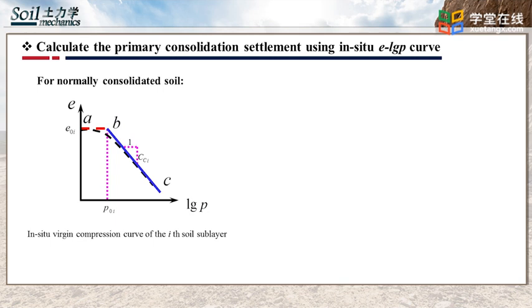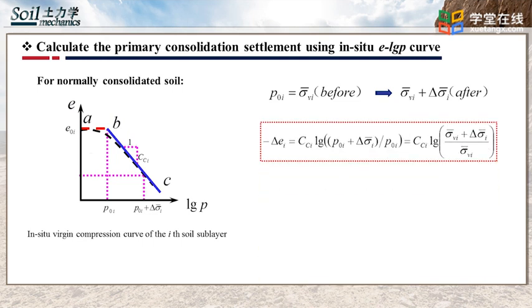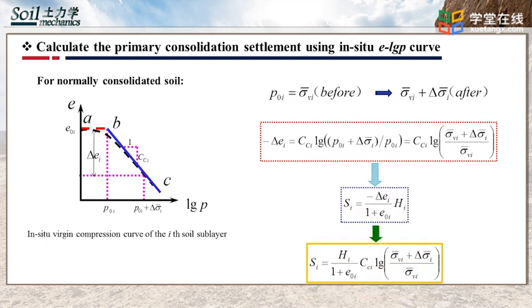When consolidation of the sublayer under the average stress increase delta sigma i fully completes, the change value of the void ratio is delta ei. Substituting delta ei into the following equation, the settlement of the i-th sublayer can be obtained.